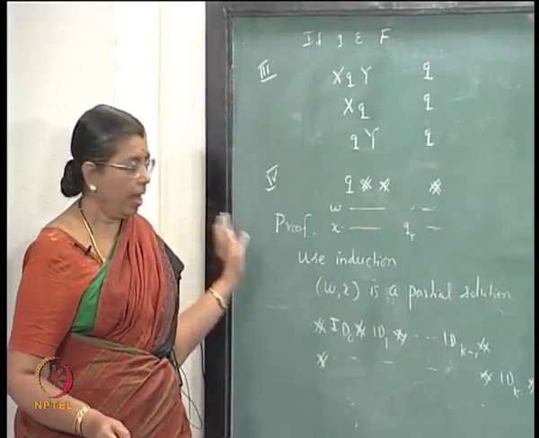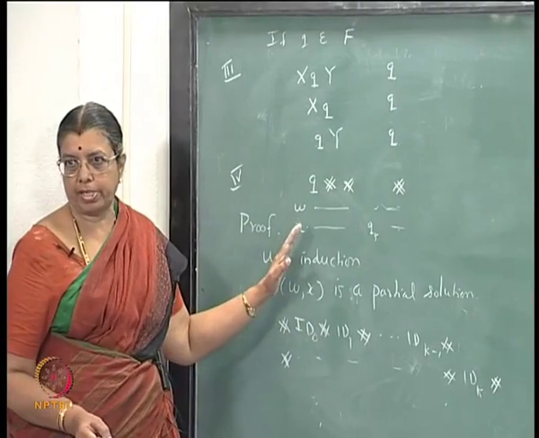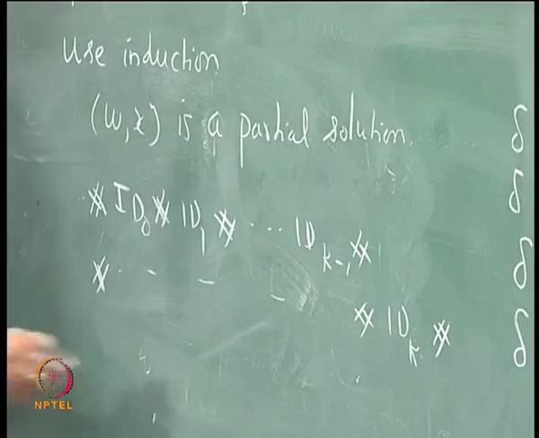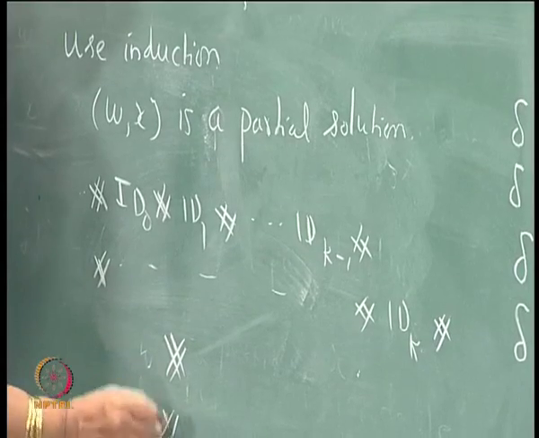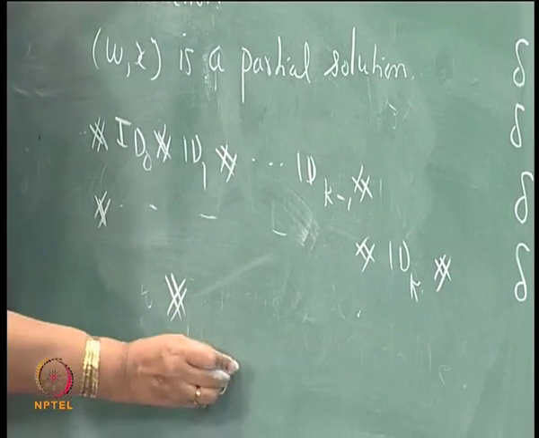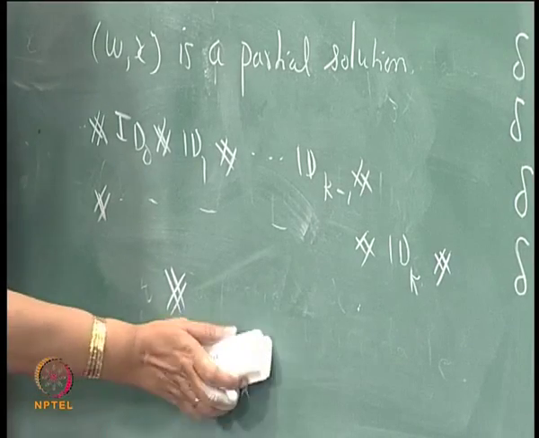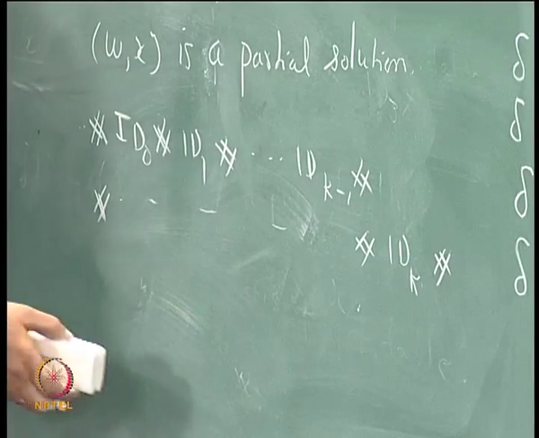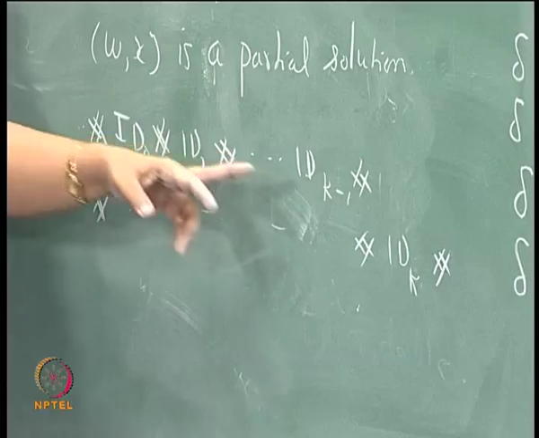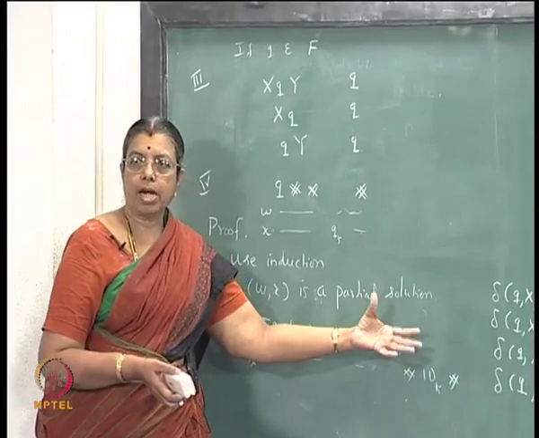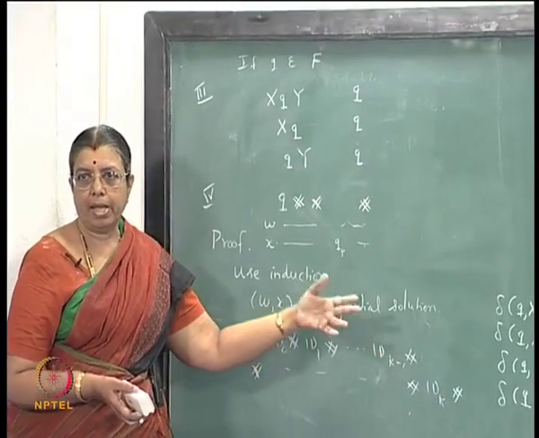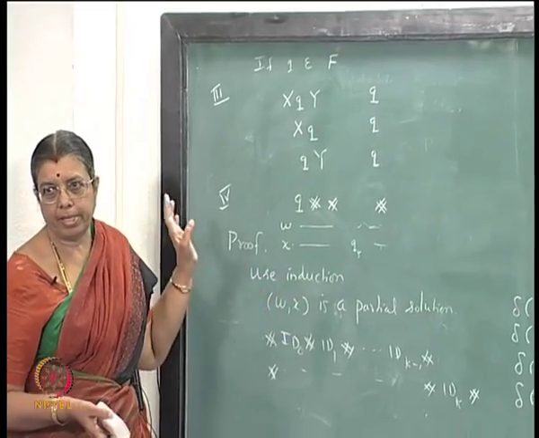And for this portion you can use induction, because initially you start with hash and hash q naught w hash, and then you proceed. Then once you reach the final state, you start consuming the symbols and it will be possible to end them.